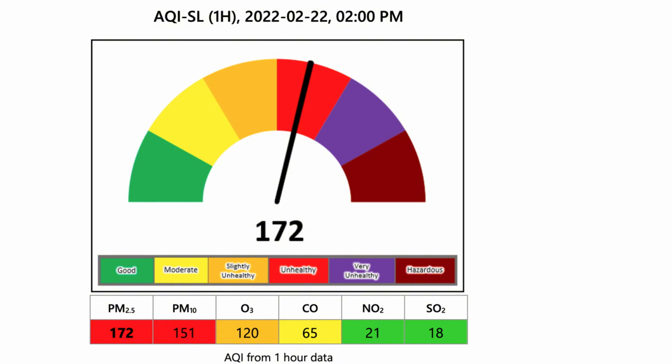When we consider the sub AQI values, PM 2.5 has the highest sub AQI value, so the overall index for the AQI would be taken from the PM 2.5 value. So that is the AQI value for this scenario.